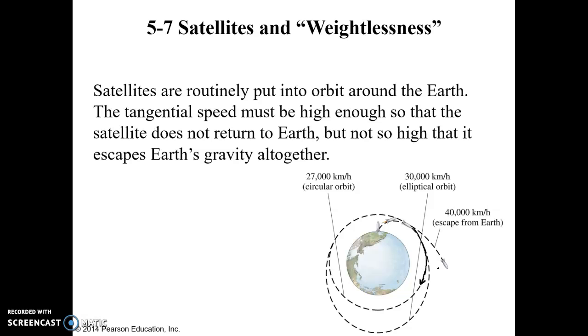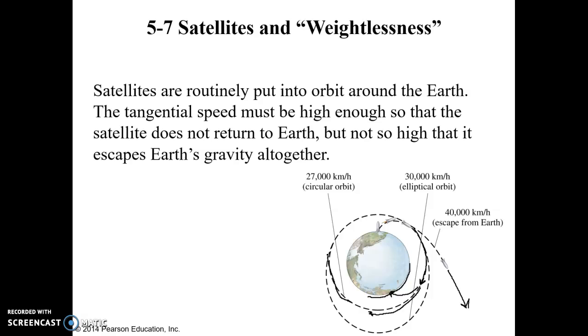The key to keeping them in orbit is getting their velocity just right. If their velocity is too low, they'll crash back down to Earth. If the velocity is too high, it will go off into space. But if the velocity is just right, a satellite is essentially always falling towards Earth, but the rate at which it's falling is equal to the rate that the Earth falls away due to its curvature.